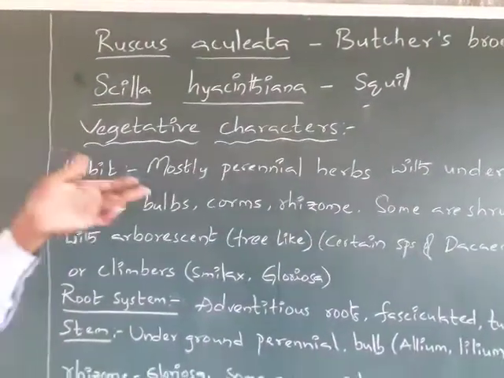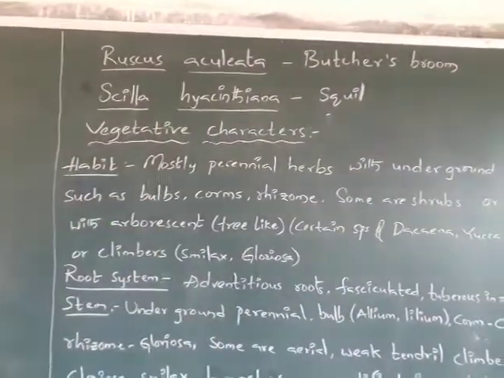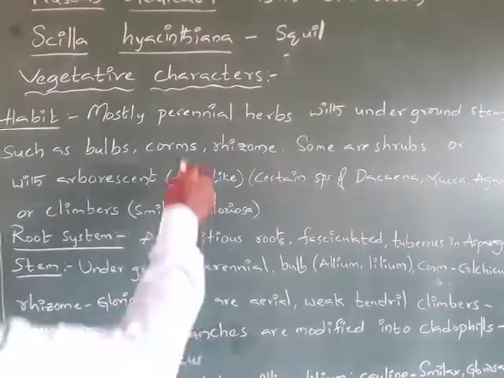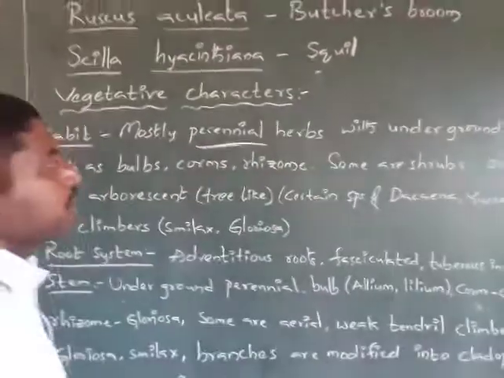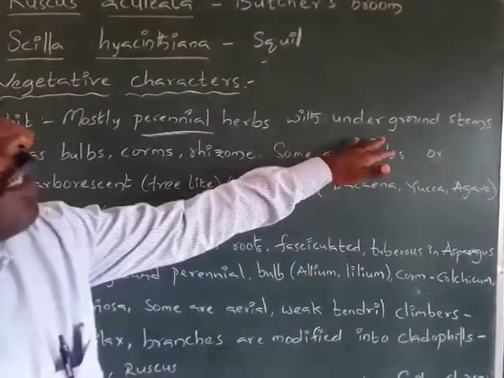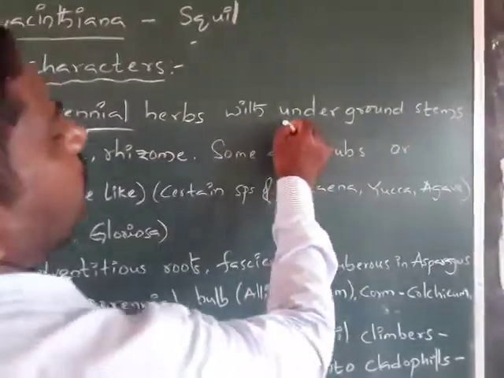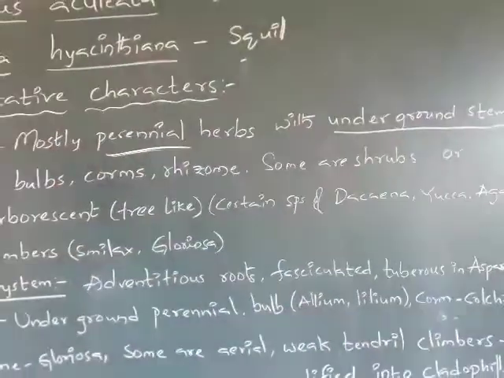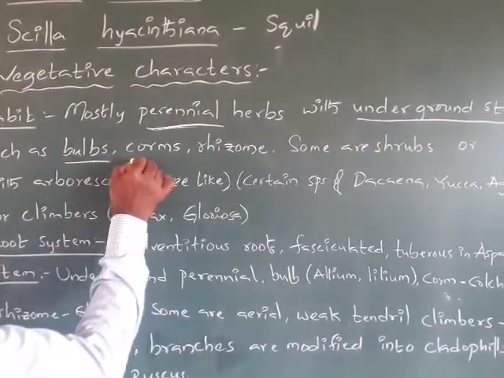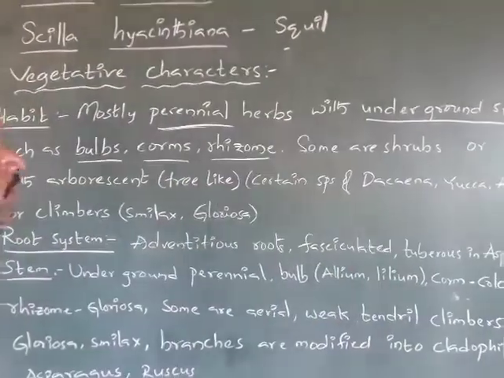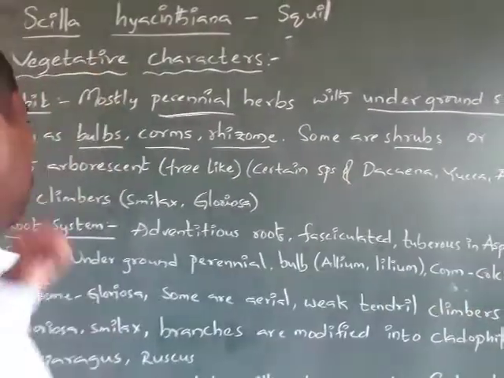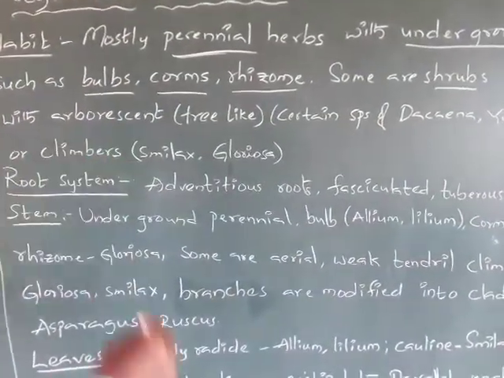Now we discuss the vegetative characters of this family. Mostly these are perennial herbs, and we already discussed what perennial means, with underground stems such as bulbs, corms, and rhizomes.